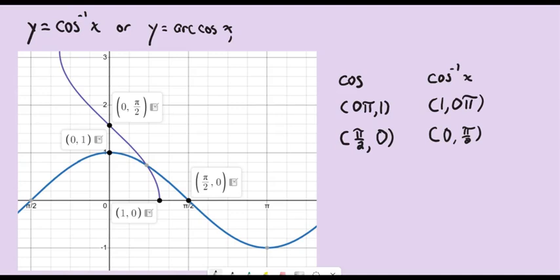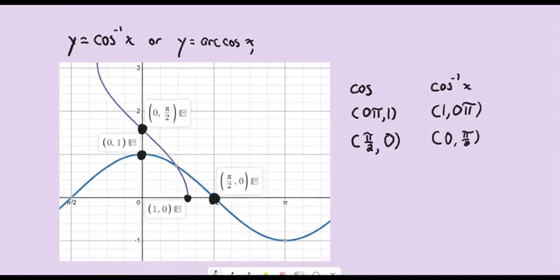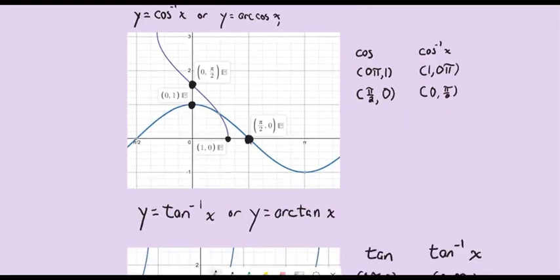Here is 0 pi 1 right here, and then 1, 0 on the output. Then we got pi over 2 on cosine, which is right here, and then 0 with an output of pi over 2 right there. So that's how the inverse graphs work.